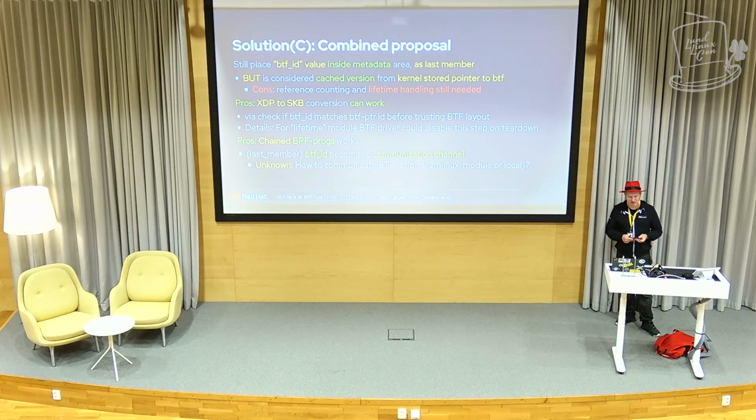It also works more easily with the SKB conversion, because we can check if the ID matches the ID that the kernel pointer has, and then we can trust the layout and have the C program access this. Chained programs also work because the ID, the last member, becomes the communication channel.